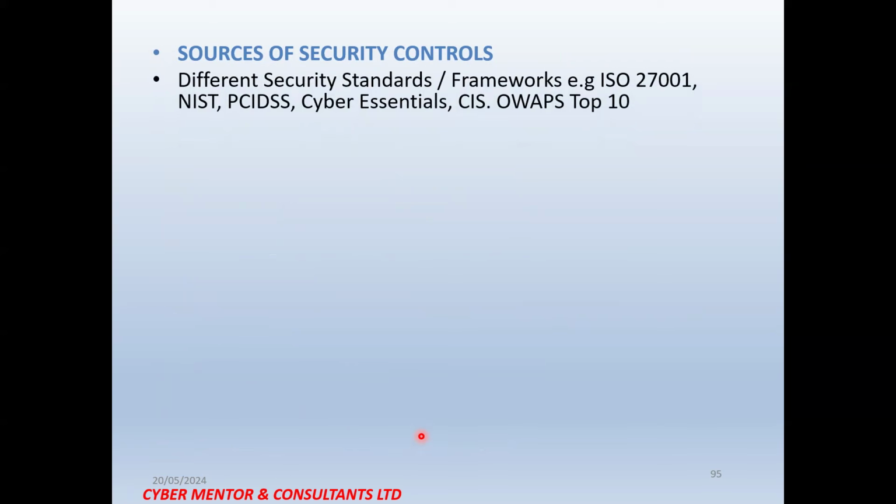You have ISO 27001, NIST, PCI DSS, Cyber Essentials, CIS, maybe Center for Internet Security, and the OWASP Top 10 and all that. So basically, the control you want to implement depends on what standard or what framework you are operating.